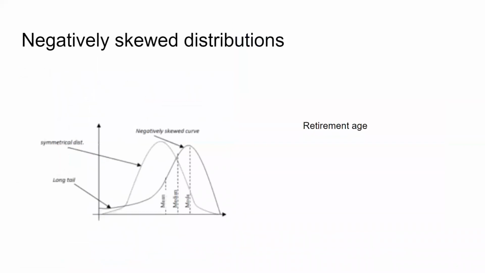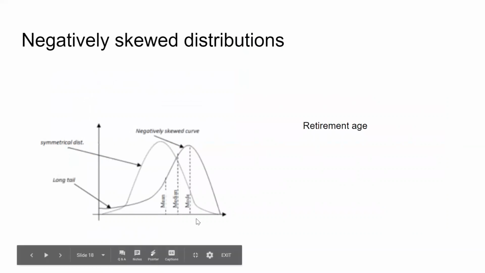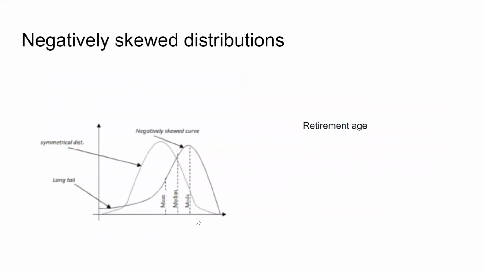All right. So let's think about negatively skewed distributions. This might have to do with retirement ages. A lot of people retire late in life, but let's say you have a few people, maybe from the military or something, that retire super early.